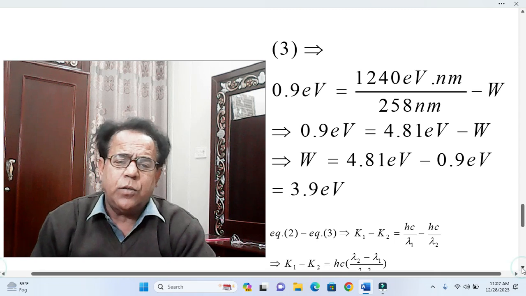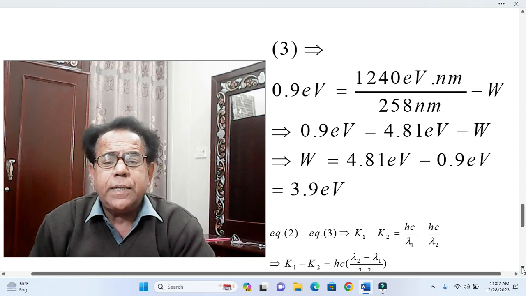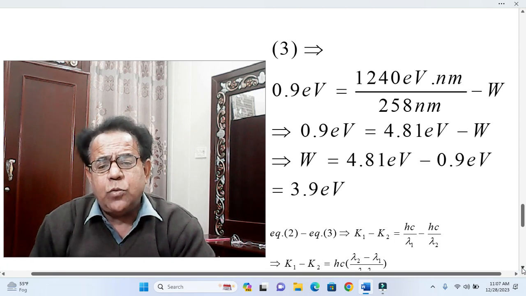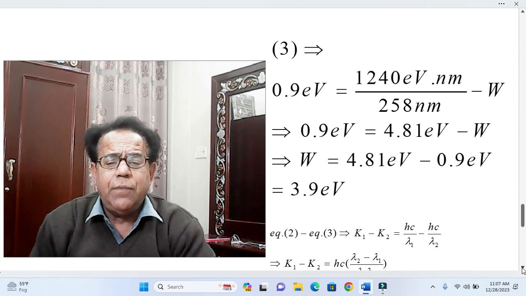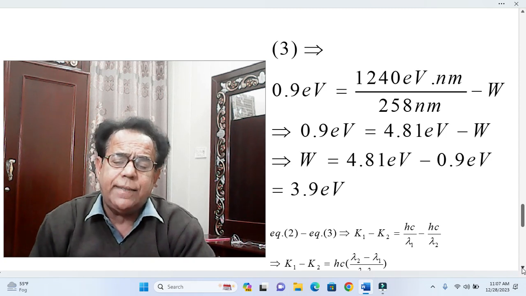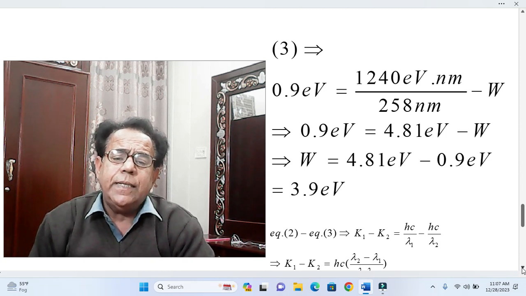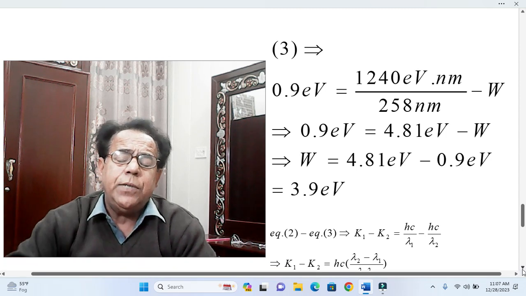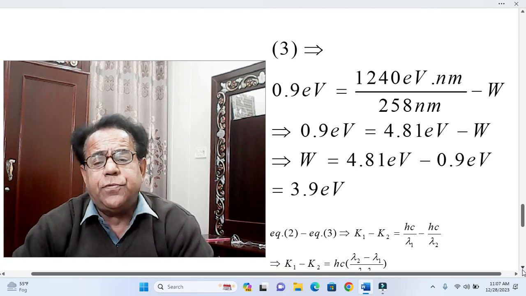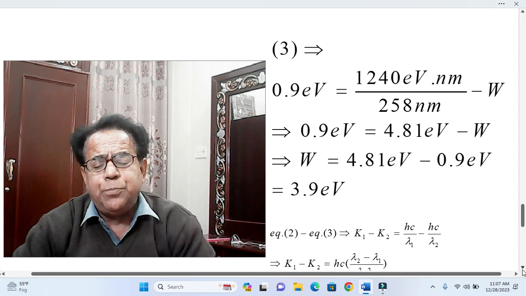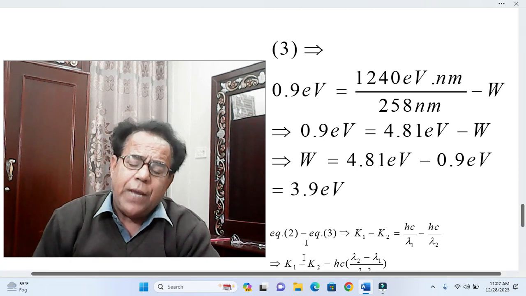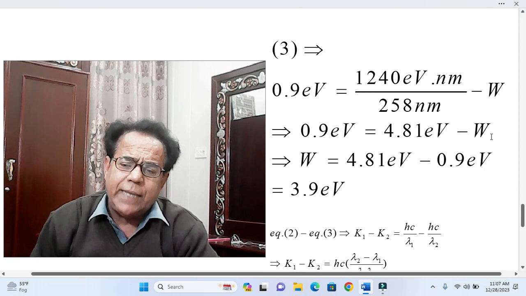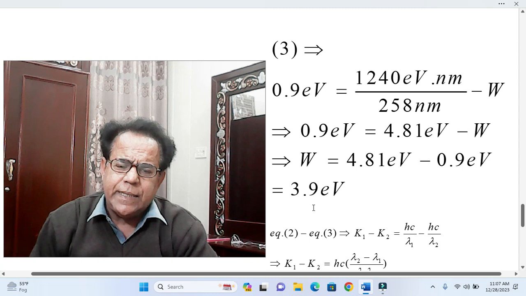Now equation number 3 gives what we have done: we have just put the other set of values in equation number 3. We were provided with two sets of values, one we have put in equation number 2 and one in equation number 3. When we repeat the same process as for equation number 2, we finally reach the value 3.9.